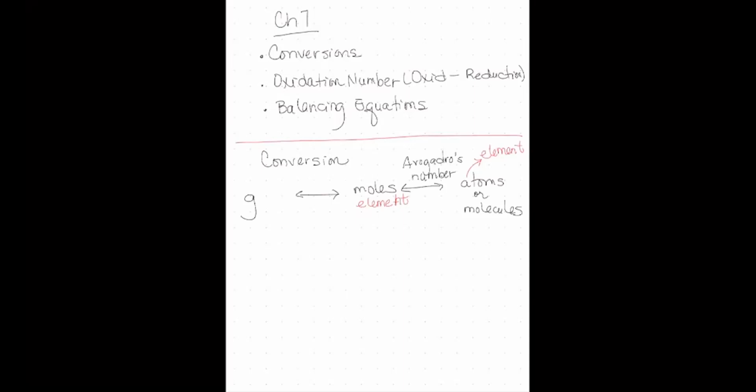If you were given moles and you have to find atoms, we multiply by Avogadro's number. If we're going from atoms or molecules back to moles, we divide by Avogadro's number.